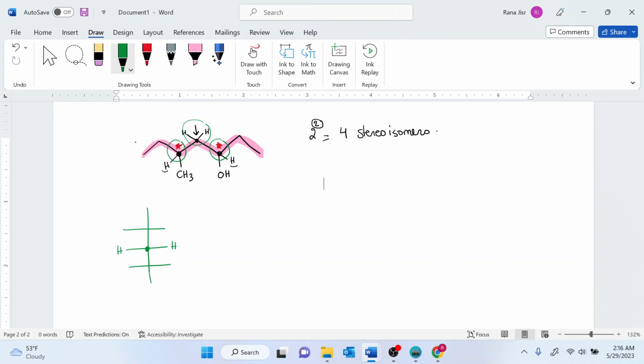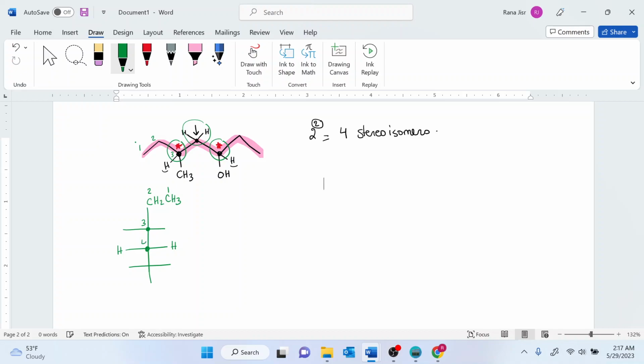Now I'm going to start with my first chiral center, which I'm going to label as carbon number 3. Carbon number 1 is the CH3. You have carbon number 2, which is a CH2, and then you have the chiral center, which is carbon number 3.